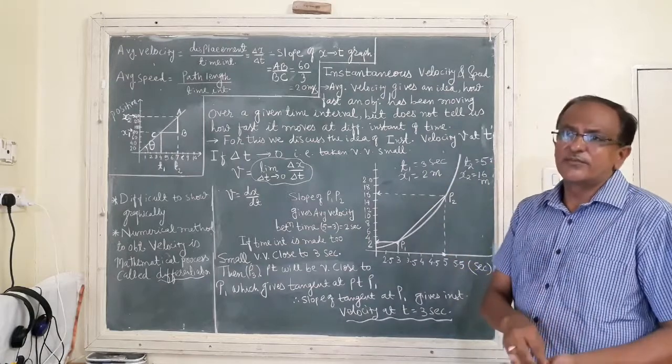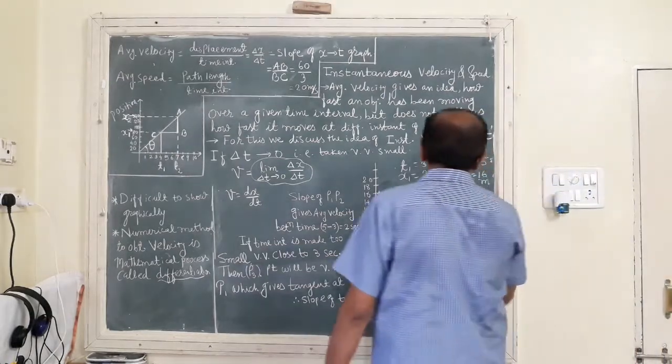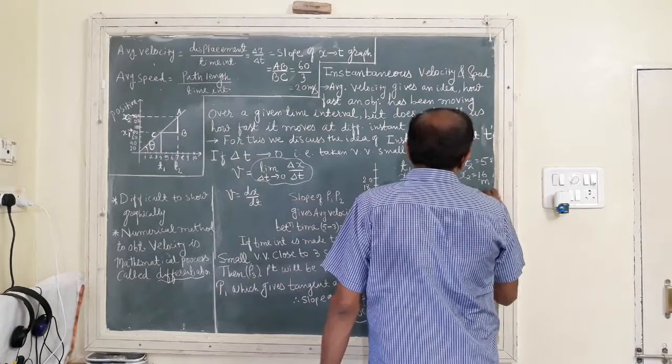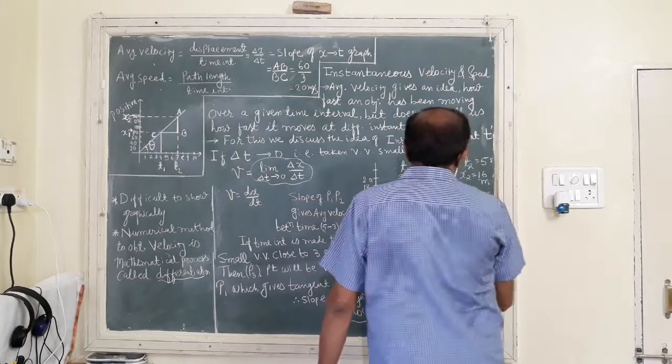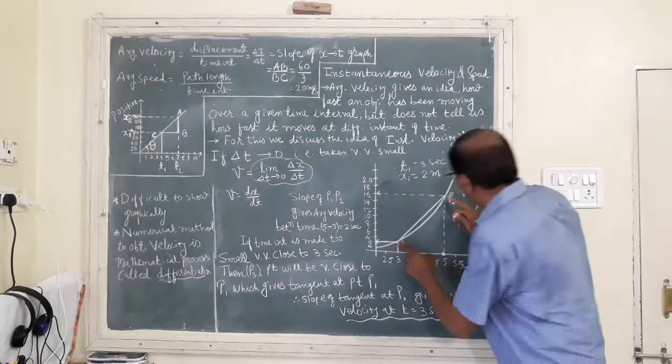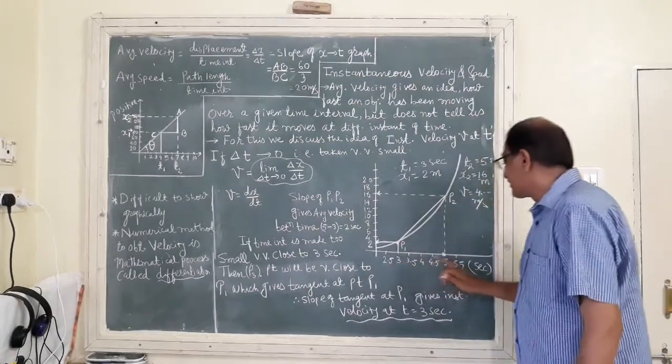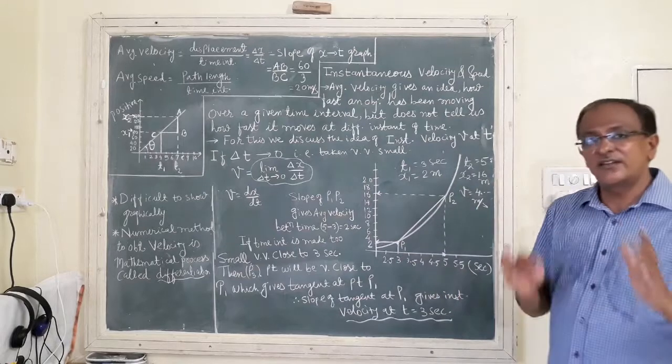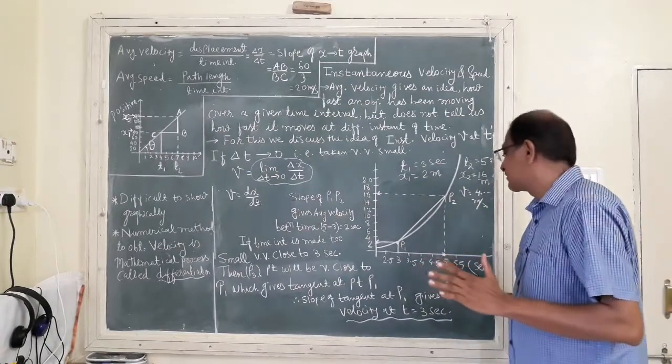So roughly 4 point something meter per second will be the speed. That is your average speed between 5 seconds and 3 seconds. The time interval is of 3 seconds.